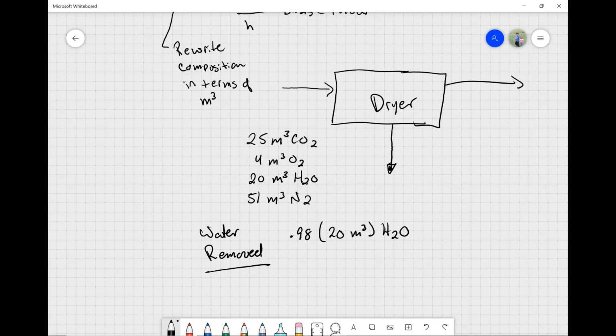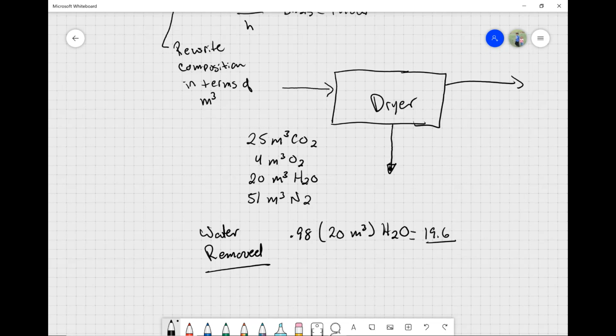Let me calculate it out: 0.98 times 20 is 19.6, so 19.6 is removed.